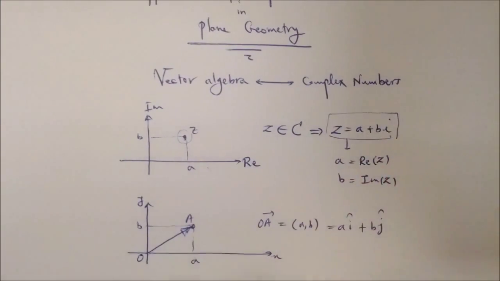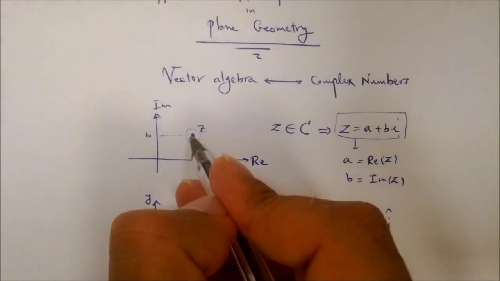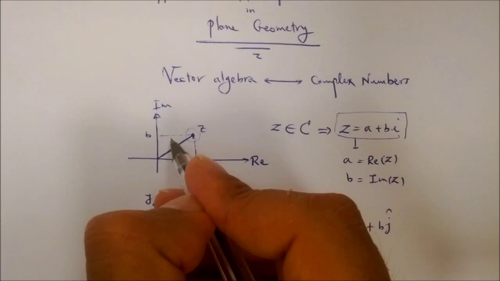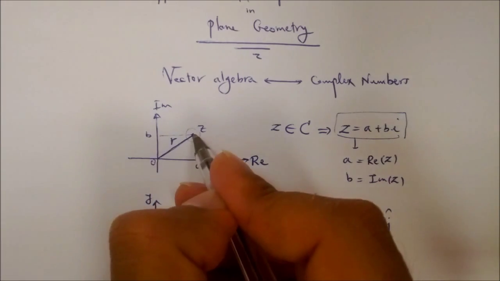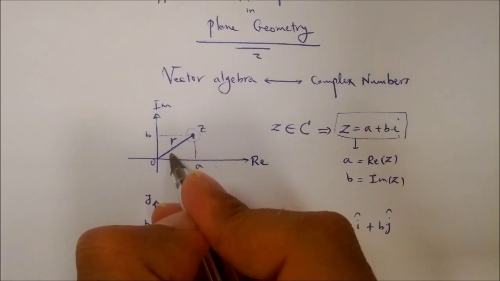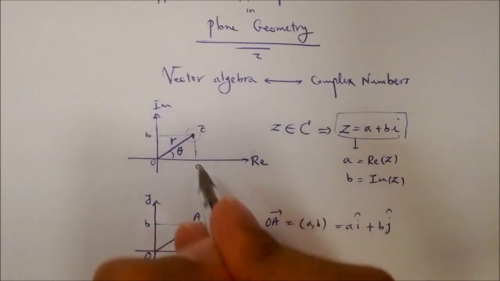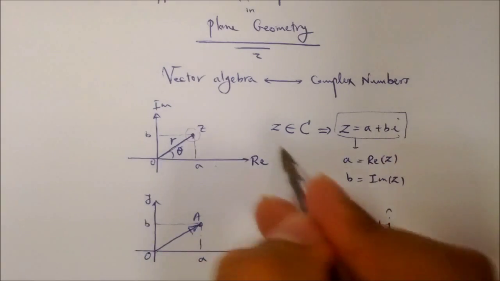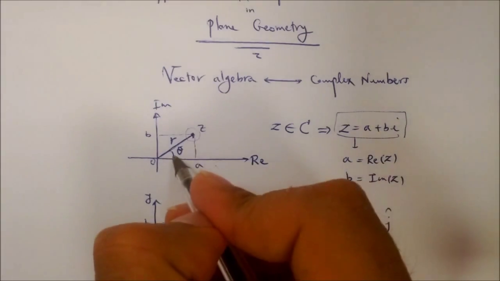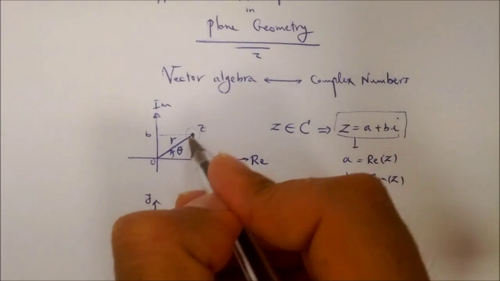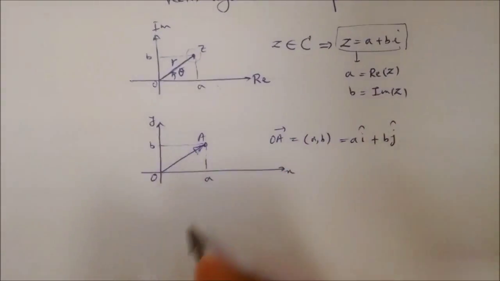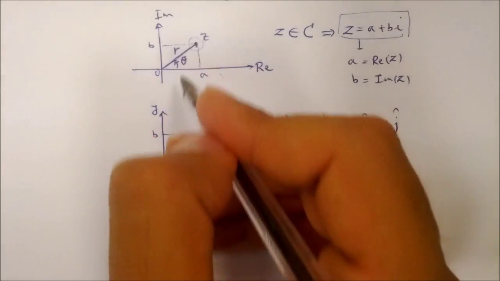The normal representation of a complex number is like this, but if I consider the distance between the origin O and this point, and the angle between the positive direction of the x or real part axis and this, the OZ, this angle is theta.